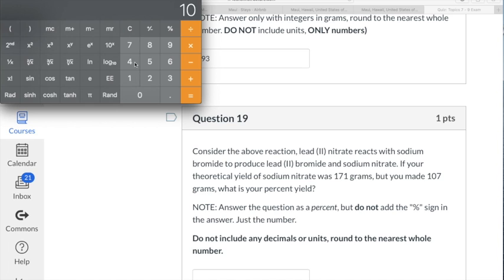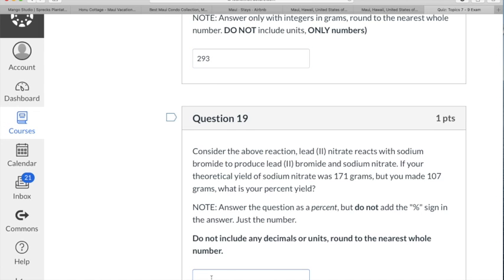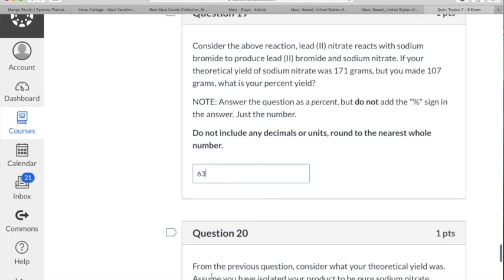So 107, divide that by 171, and I get 0.6257. You multiply that by 100%, and you get 62.57. It says here, round to the nearest whole number, which would be 63% is my yield.